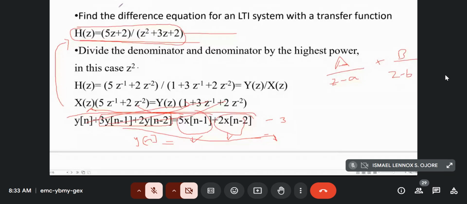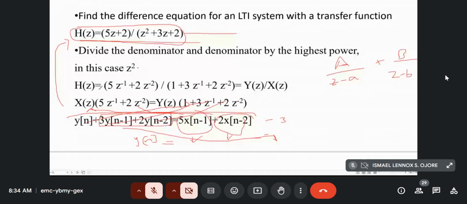Yeah. So this becomes 5z to the power of minus 1 plus 2z to the power of minus 2, divided by 1 plus z to the power of minus 1 plus 2z to the power of minus 2. Yeah. And that H(z) is Y(z) over X(z).